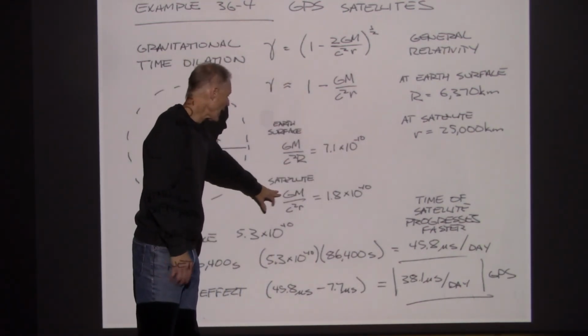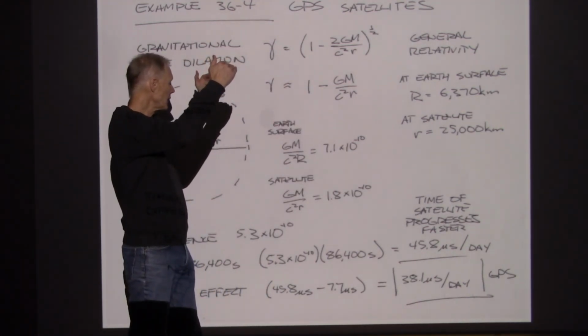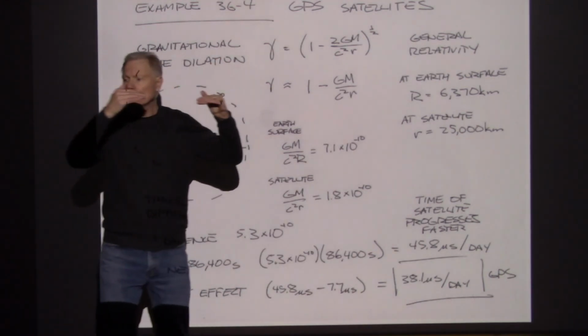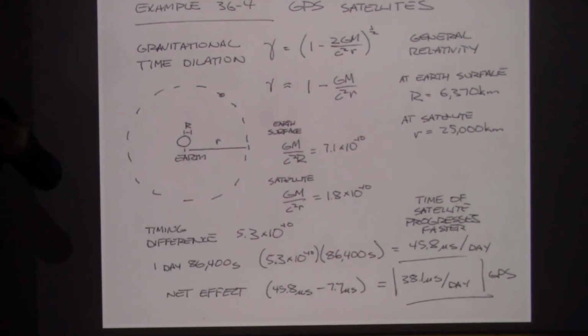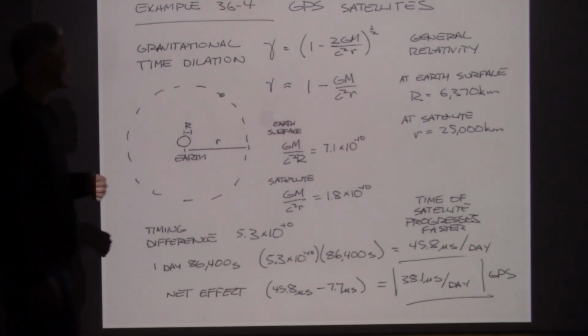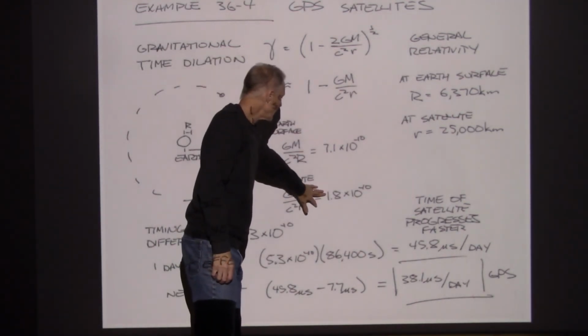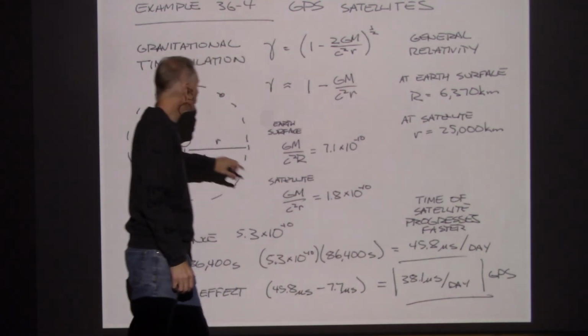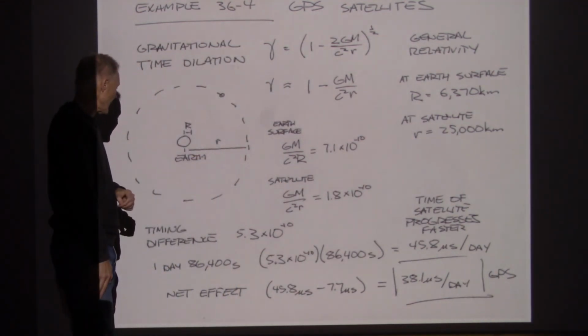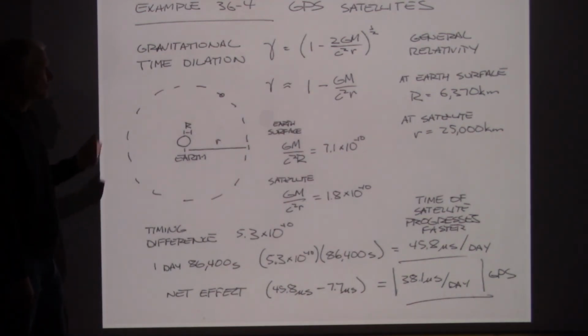For the satellite that's at a higher distance in Earth's gravitational field, the gravitational field is not as large, and as a result, the time dilation factor there is significantly less. So what we can do is we can look at both of these effects.